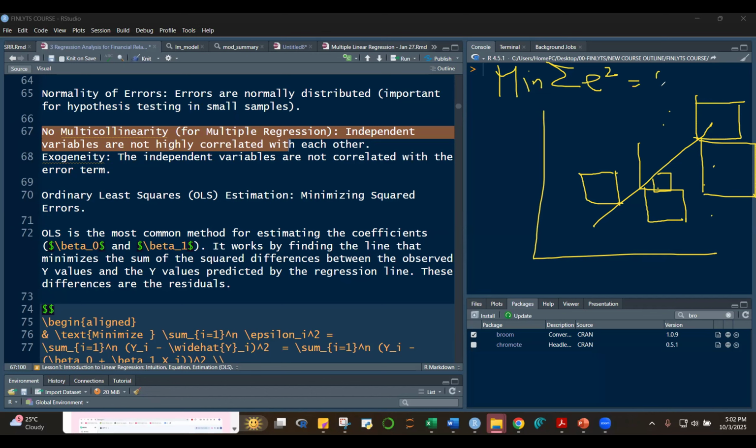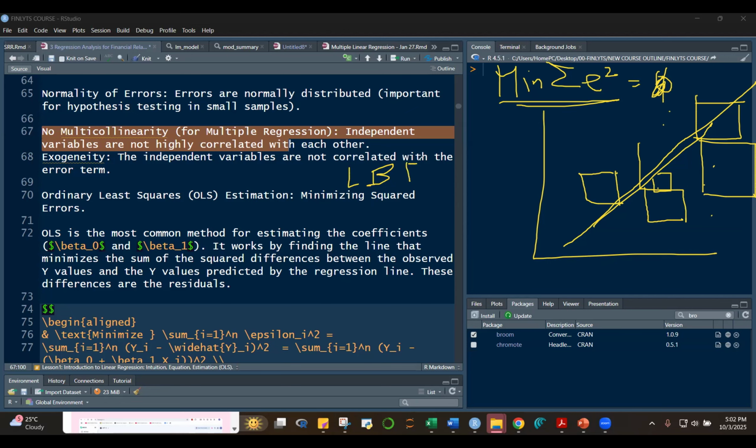And we want that if we add up all these squared residuals, class, we want them to be equal to 0. Sorry, I mistook that. We want them to be at a minimum, class. Minimize the sum of the squared residuals. And there's only one line where you have the minimum of the squared residuals. That line is called the line of best fit.